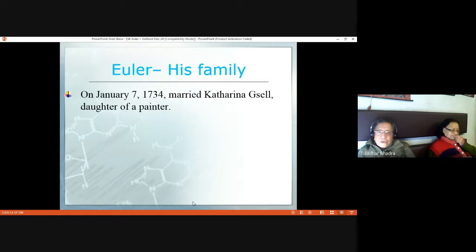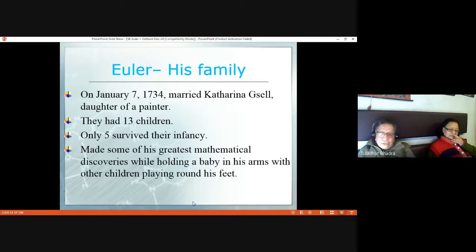On January 7, 1735, after 1 year, he married Catherine, daughter of a Russian painter. They had 13 children, you can see. In those days they had so many children, but unfortunately only 5 survived infancy. He made some of his greatest mathematical discoveries while holding a baby in his arms with other children playing around his feet.